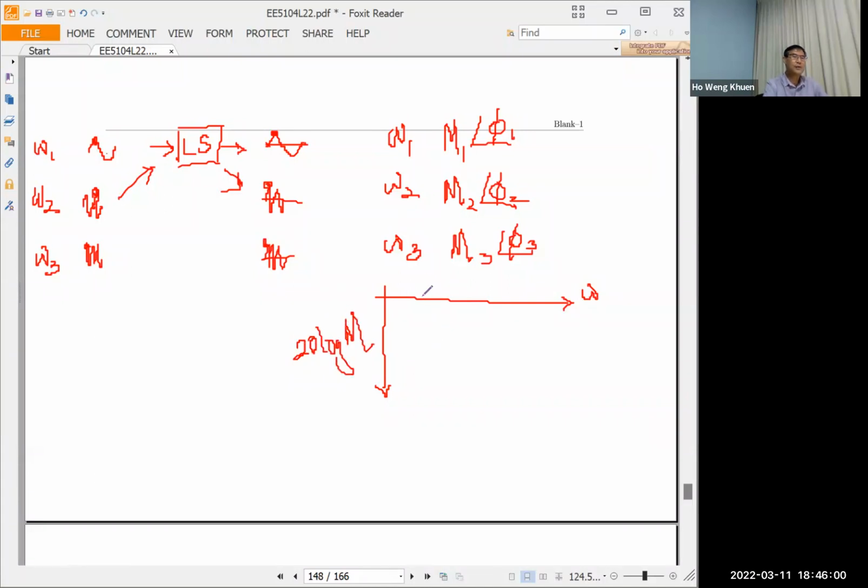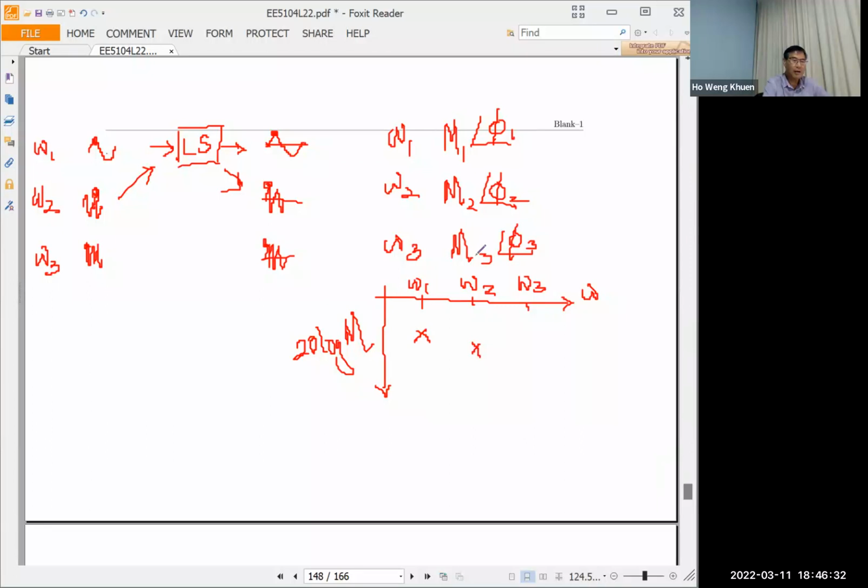magnitude. So at omega 1, omega 2, omega 3. Omega 1 is M1, so you take 20 log M1 and get a point here. Then omega 2, you take 20 log M2 and get another point here.